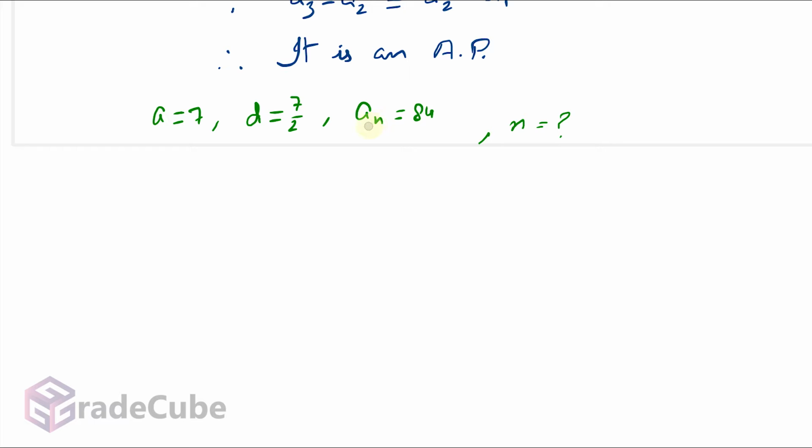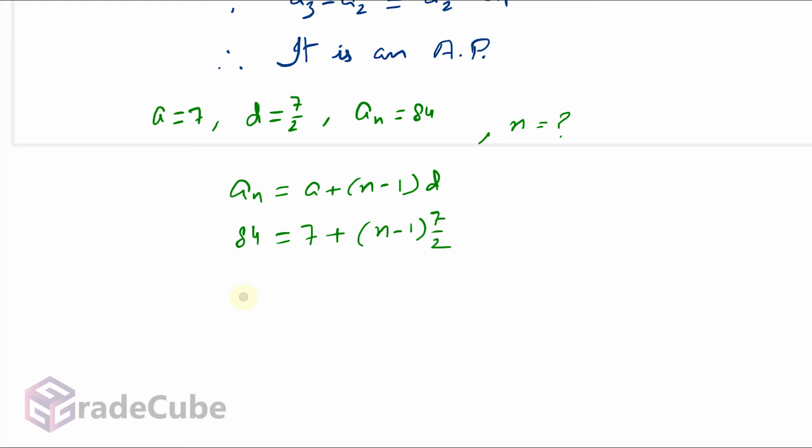So to calculate n, we apply the formula for an, which is an equal to a plus n minus 1 d. Value of an is 84, a is 7 plus n minus 1 as it is, d is 7 upon 2.